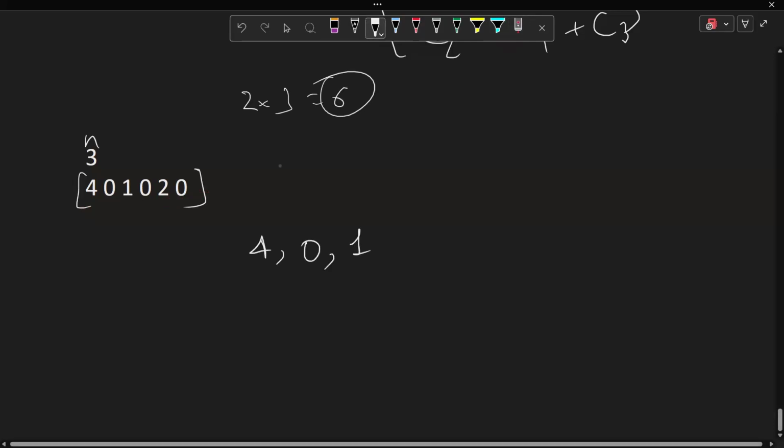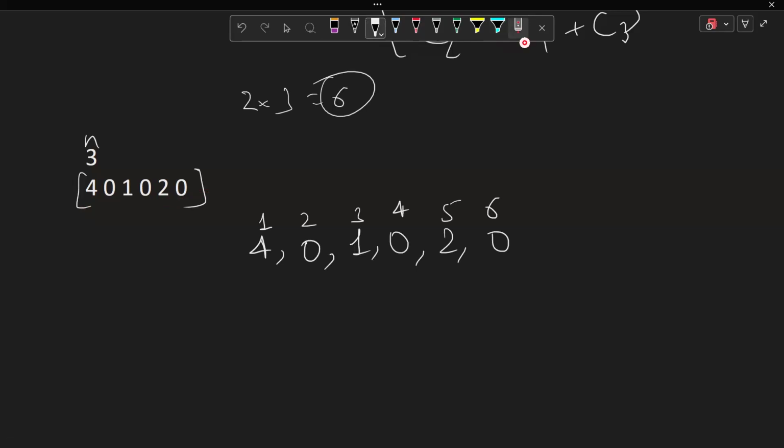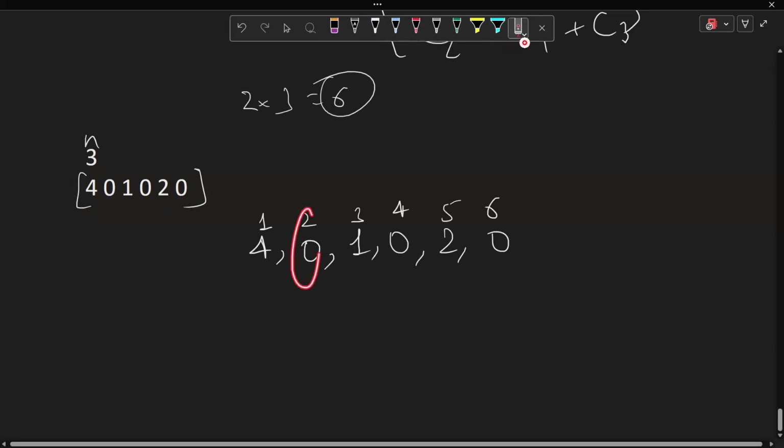It's 4 0 1 0 2 0. So if I do a one based indexing here, it is given in the easier version, all the even indexes are always 0. They are unknown. Now the odd indexes can be unknown or can be known. So here they are all known, 4 1 2. Now you need to replace these even indexes by some values in order to maximize that thing.